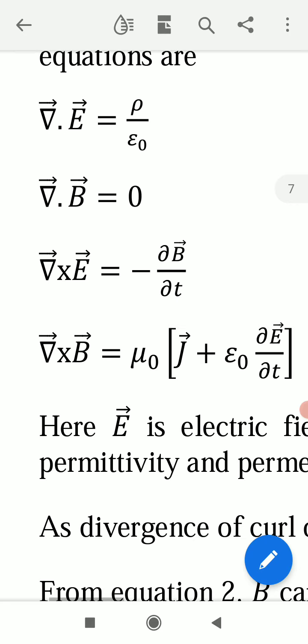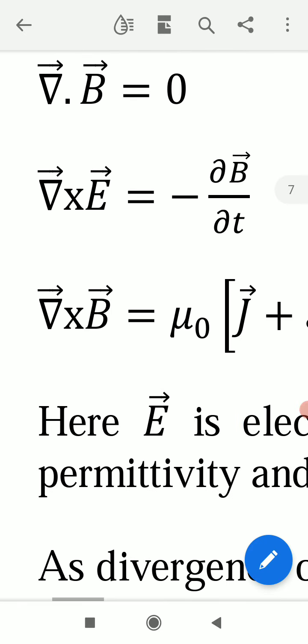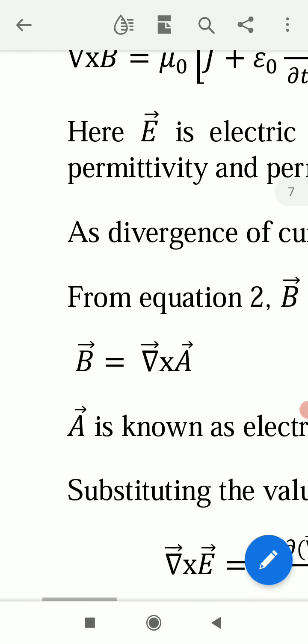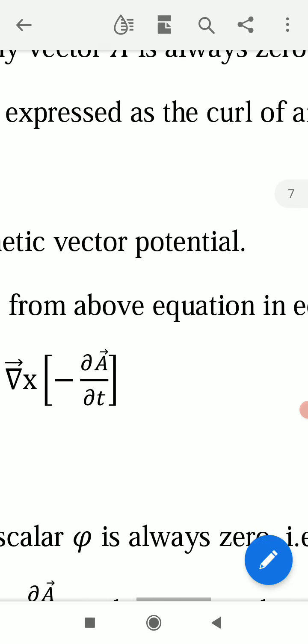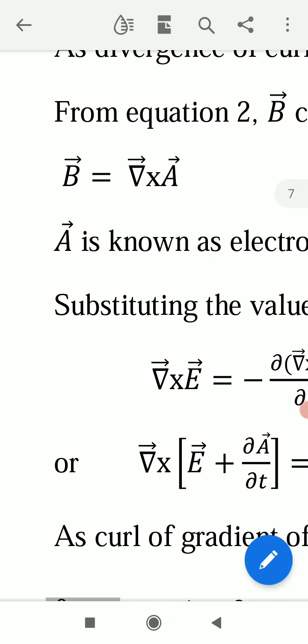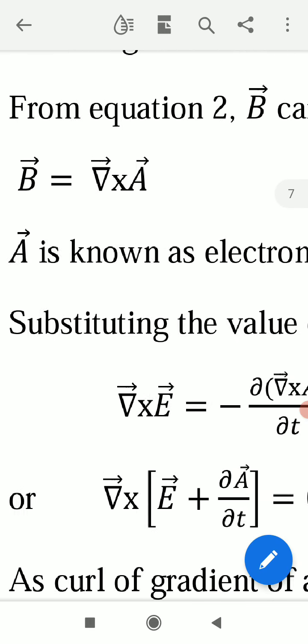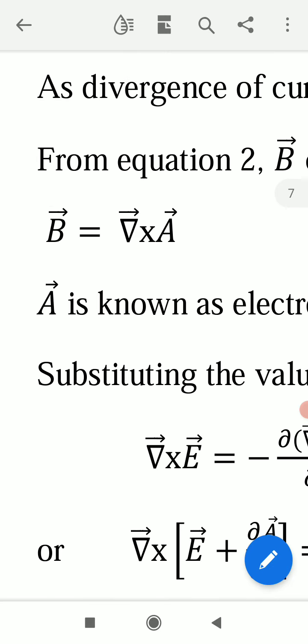So from this second Maxwell equation, del dot B equal to 0, we write B vector equal to del cross A. A is known as electromagnetic vector potential. So A vector electromagnetic vector potential is defined as B equal to del cross A. It is related with magnetic field B.